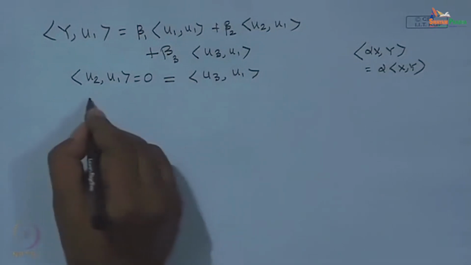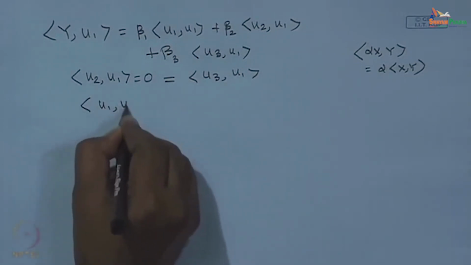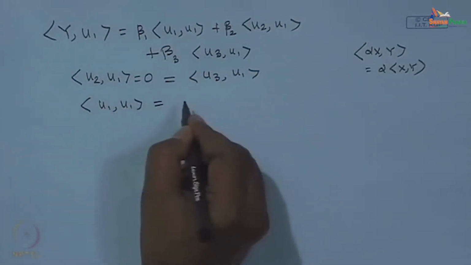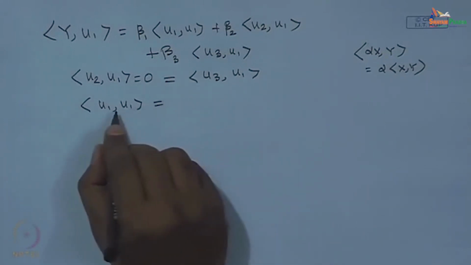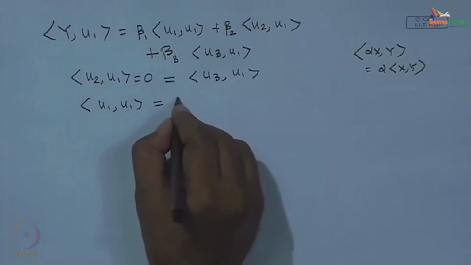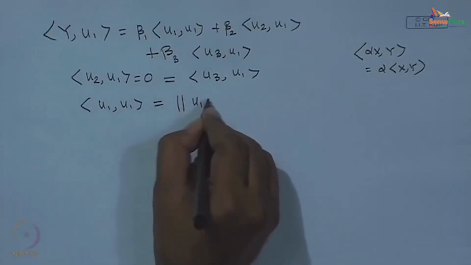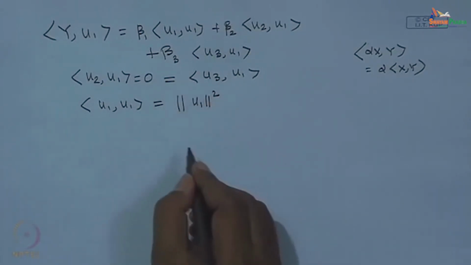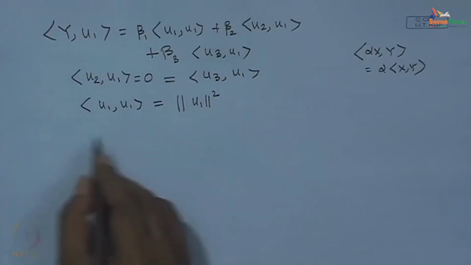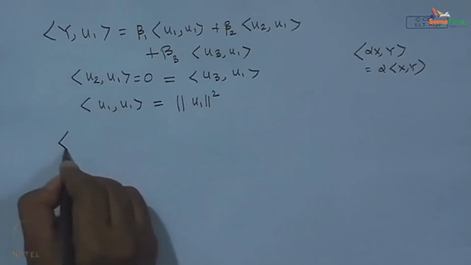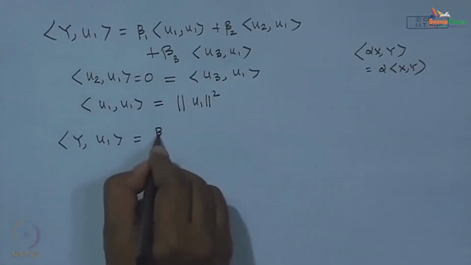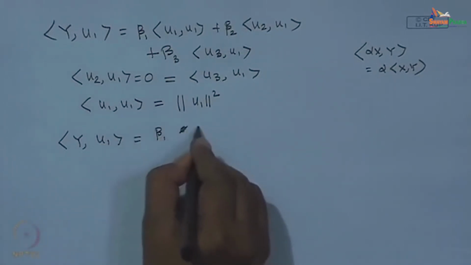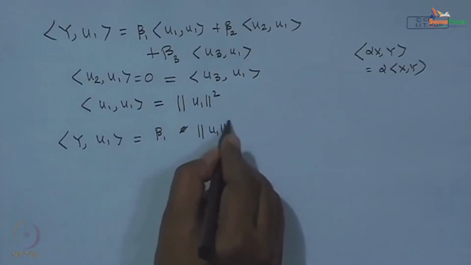On the other hand, from whatever we have studied in the last class, the inner product of u1 and u1 is nothing but the norm of u1 squared. So, this equation boils down to the inner product of y and u1 is nothing but beta 1 times norm of u1 squared.